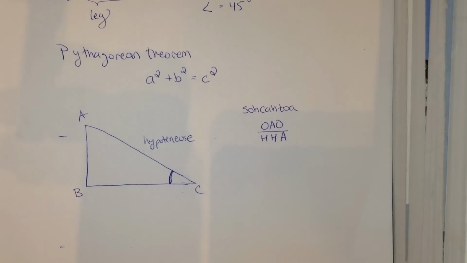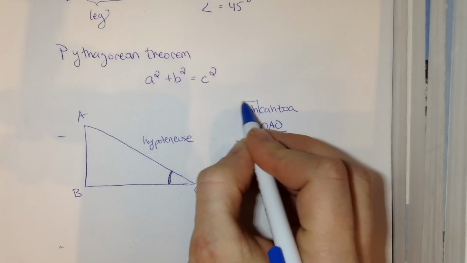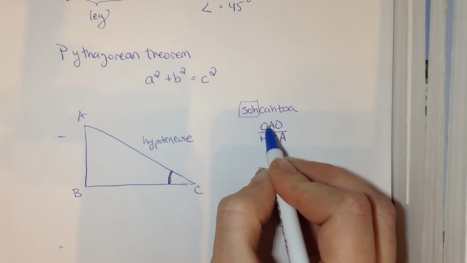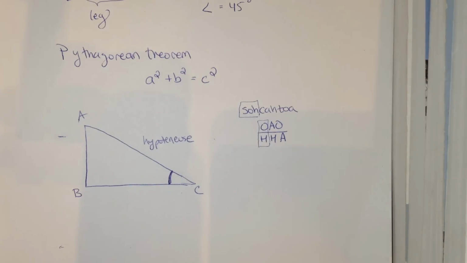You can use either way, whichever way makes sense to you. The first trig function comes from the SO and also from the first part of Oscar and Oswald have had algebra.